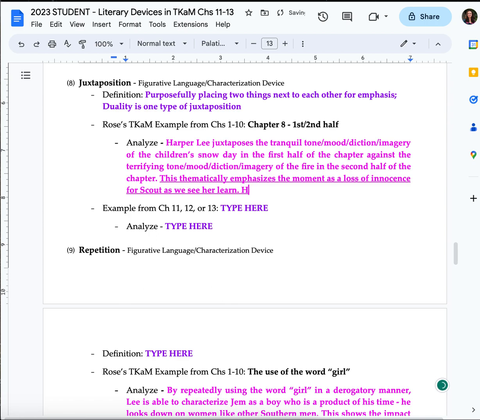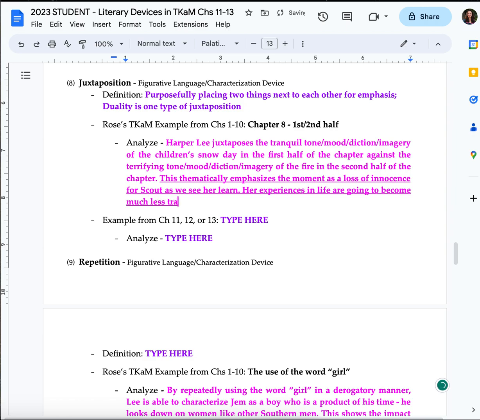I actually don't like this one to be finished. You guys can finish this one up here with me. Her experiences in life are going to become much less tranquil and much more chaotic as the story continues, right? So one more sentence to talk about how that shows her losing innocence.